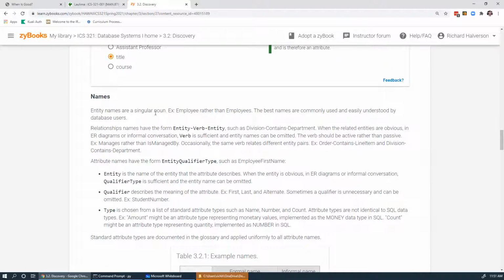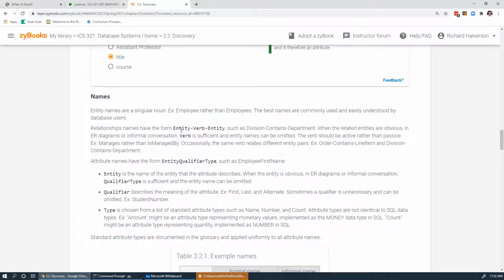Entity names are singular nouns, employee, rather than employees. So that's why some database designers like to name tables that way. A table of employees, they like to have it be singular. That's why. The best names are commonly used and easily understood by the database user.